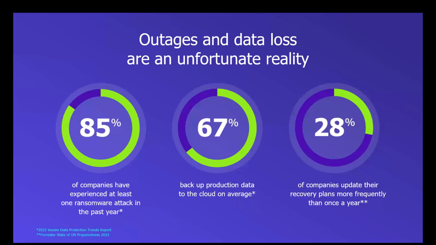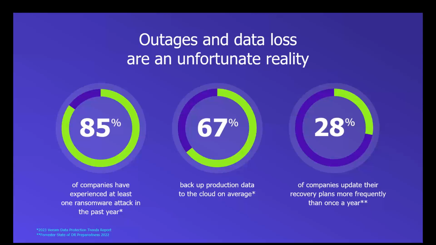So 85% of companies, via research, have experienced at least one ransomware attack in the past year, according to this data protection trends report we've done early this year. IT environments are complex, like I said, and that includes where companies are backing up their data. Hybrid cloud is the norm.